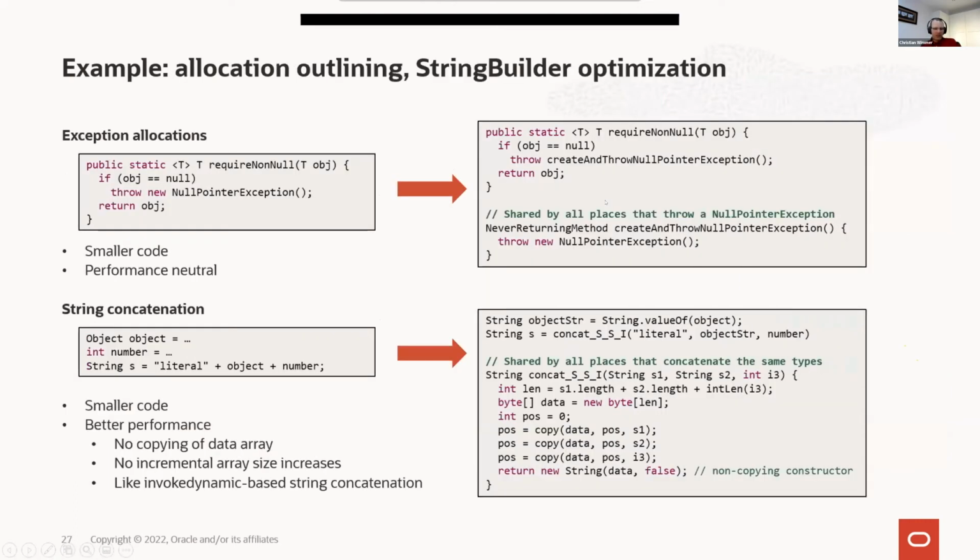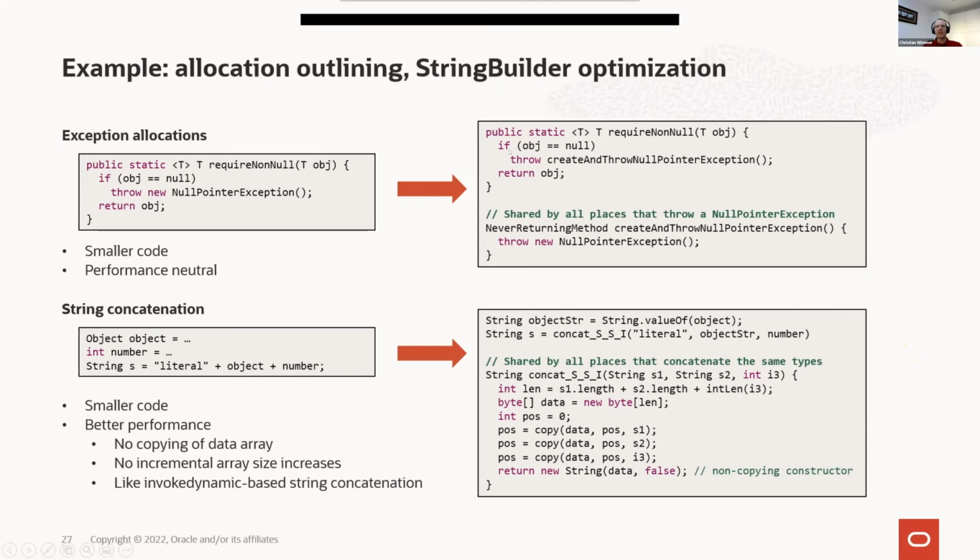You can also do quite aggressive transformations of higher level operations. To reduce code size, for example, we do outlining of allocations. Allocating a new object in Java is pretty big in terms of code size because you usually have a fast TLAB allocation part and then a slow path to refill the TLAB, and you invoke the constructor and everything. And for all the tens of thousands of places where Java code just throws a new exception, you don't want to waste that code size.